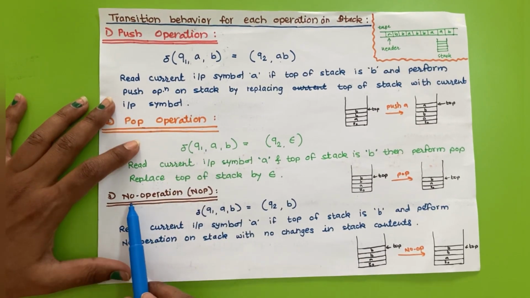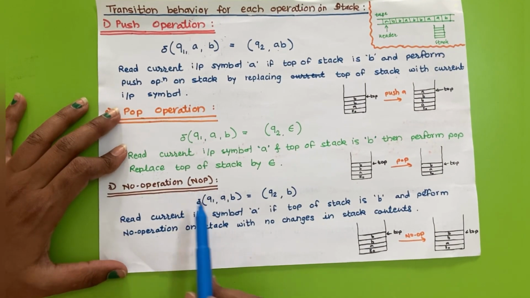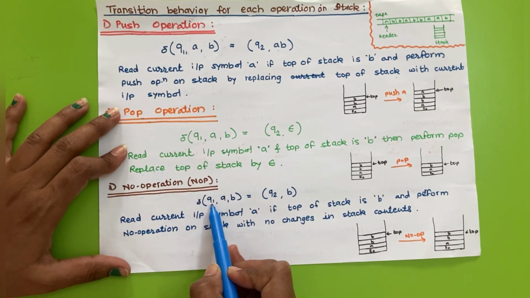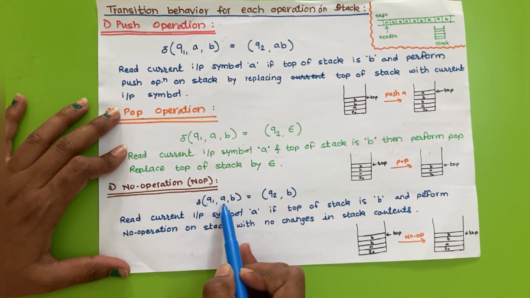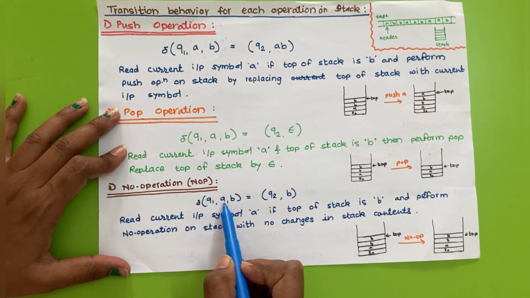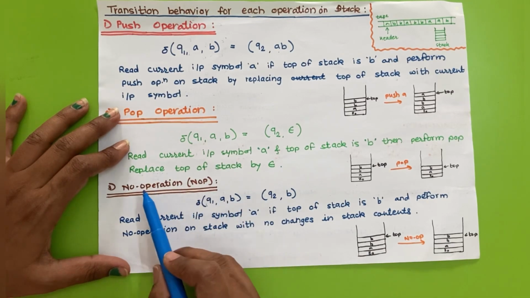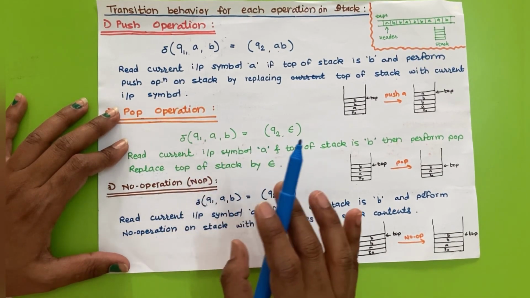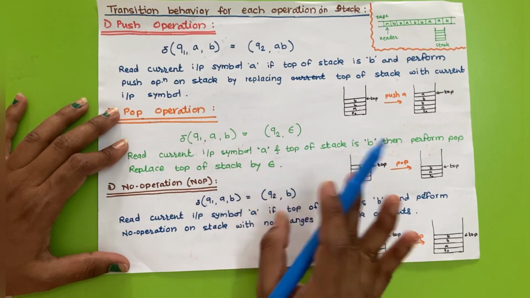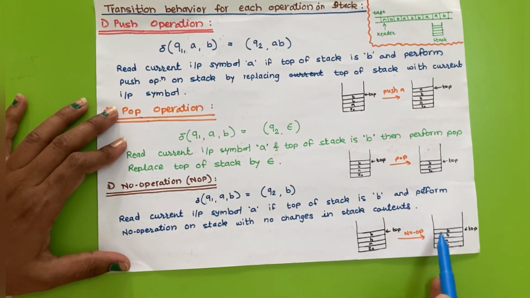Now we will see how to represent no operation in case of PDA. The situation will be the same: you are in state q1 and you are reading current input symbol a, top of stack is suppose b, and we wish to perform no operation, which means I don't want to perform any operation, neither push nor pop on stack.